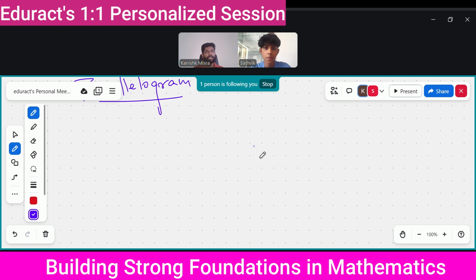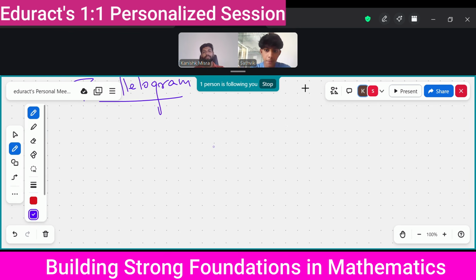And apart from that, what is the property of angles? Opposite angles are equal, opposite sides are parallel, and adjacent angles are supplementary. Will complementary not come, sir? See, I have just made you understand the term complementary. The use of complementary is not there in the parallelogram part.